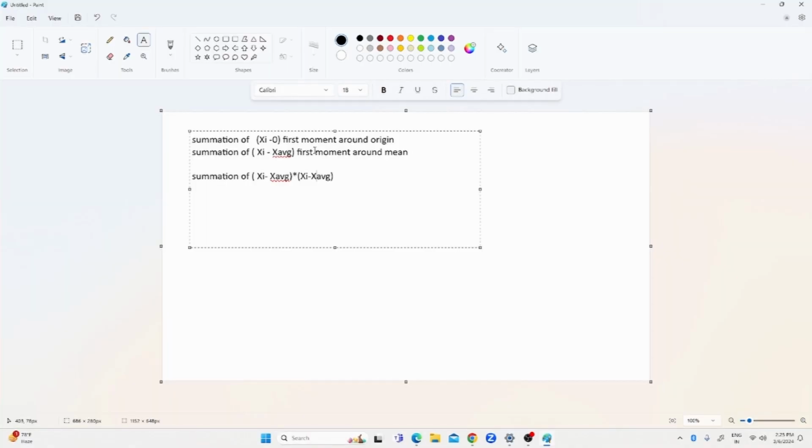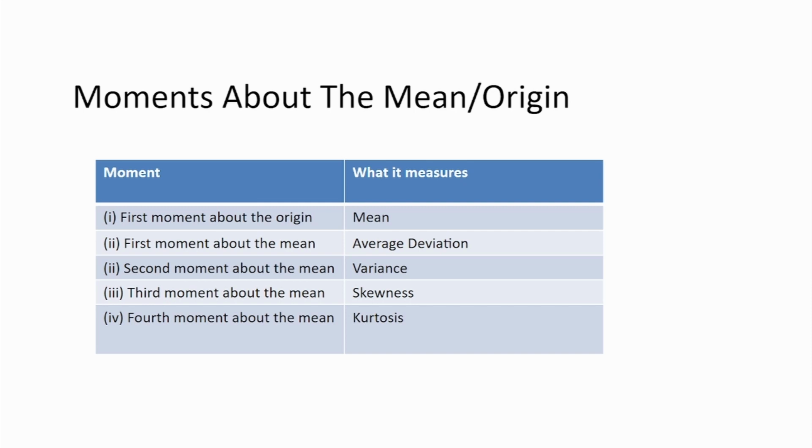I introduced this concept of first moment and second moment because, as we go on, we need to understand how different things are related to moments. The second moment around the mean is variance, the third moment is skewness, and the fourth is kurtosis. What are skewness and kurtosis?